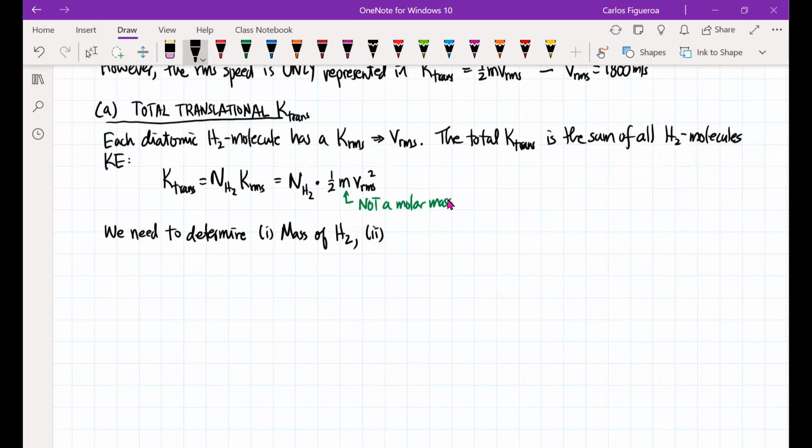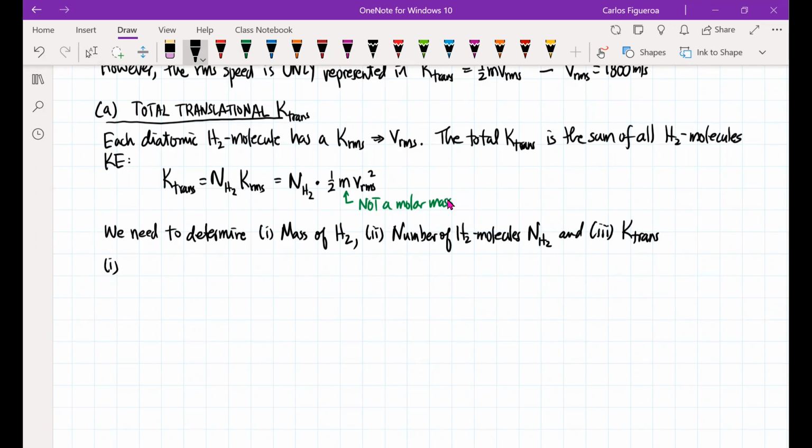Two, we got to calculate the number of H2 molecules, which we call N H2. And then we are going to calculate K translational. So we're going to do this over 3 steps. Let's do that first.